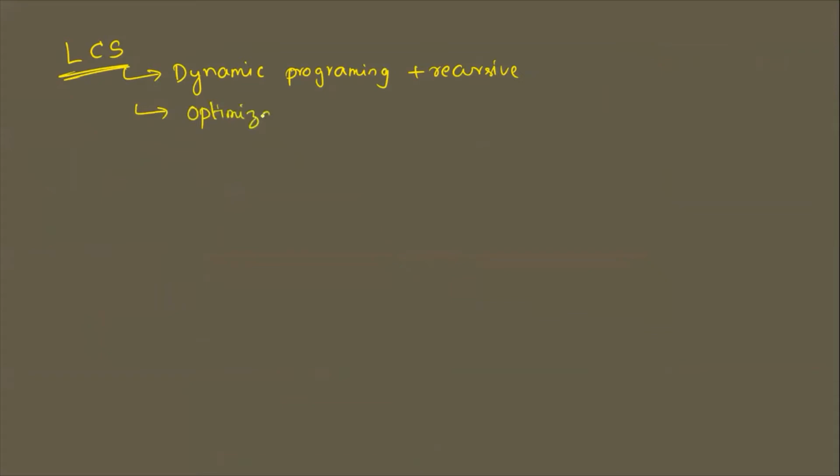You might have seen NP hard and NP complexity problems. In NP hard optimization problems, you will find LCS as one of the examples. So students, this is very important.